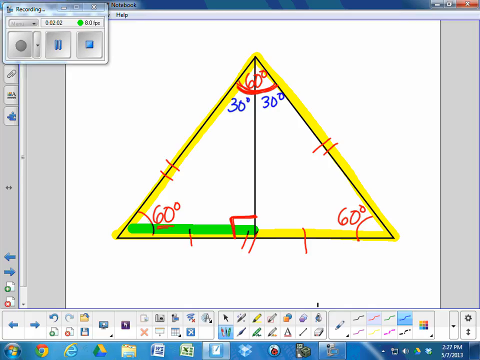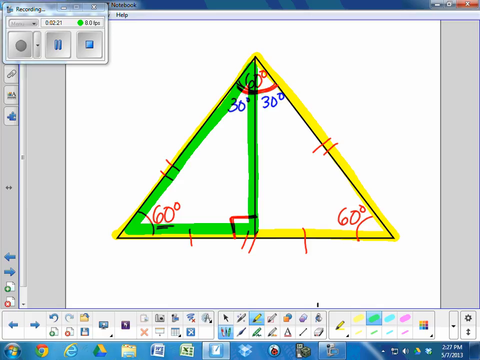So while the yellow triangle is an equilateral, what would you call this? A 30, 60, 90 right triangle. What we're going to do today is explore the lengths of its sides.